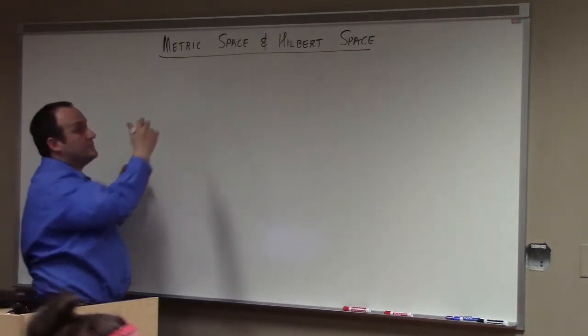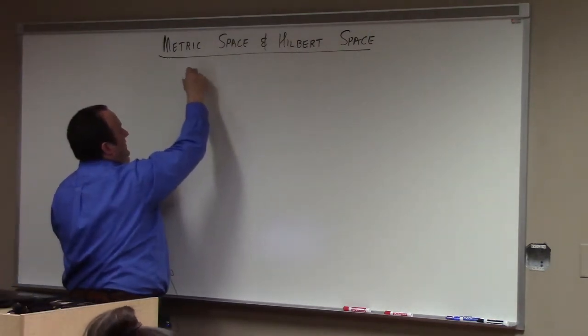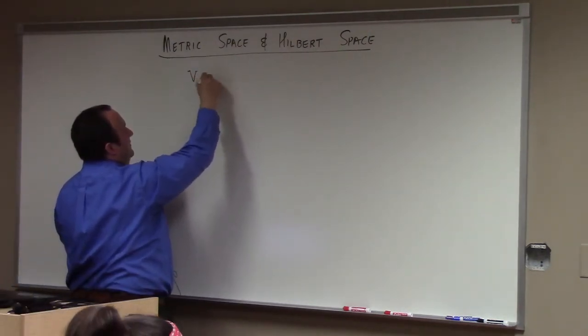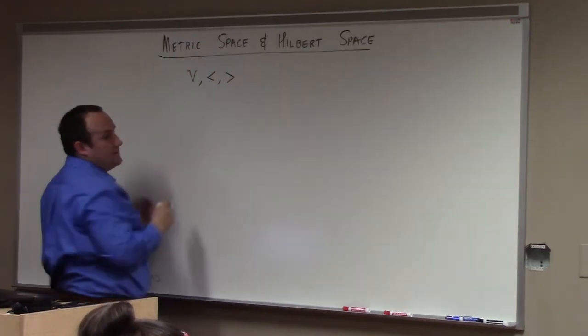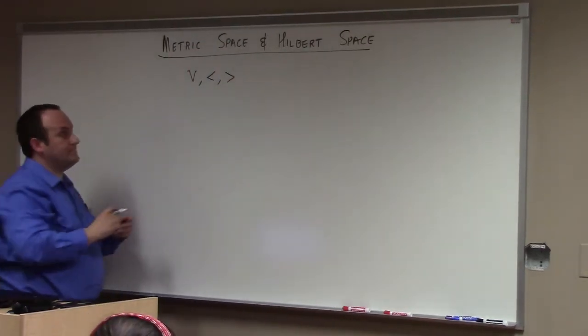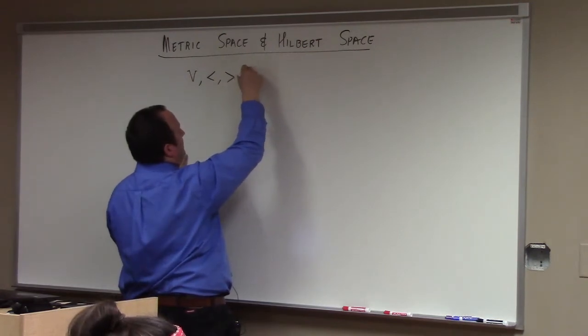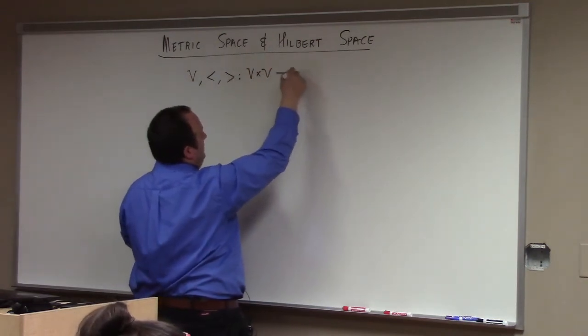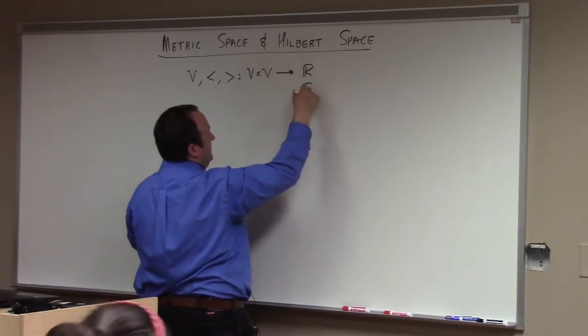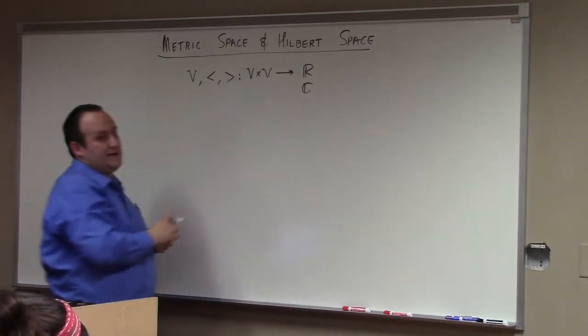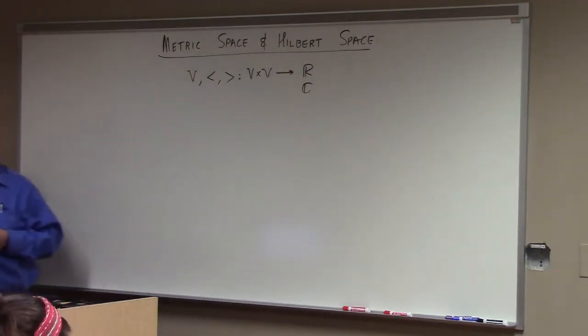First of all, we've talked about if you take a vector space and you pair it with an inner product, this is an inner product space, right? So this goes from V cross V either to the reals or to the complexes, depending on whether we're talking about a complex inner product space or a real inner product space.